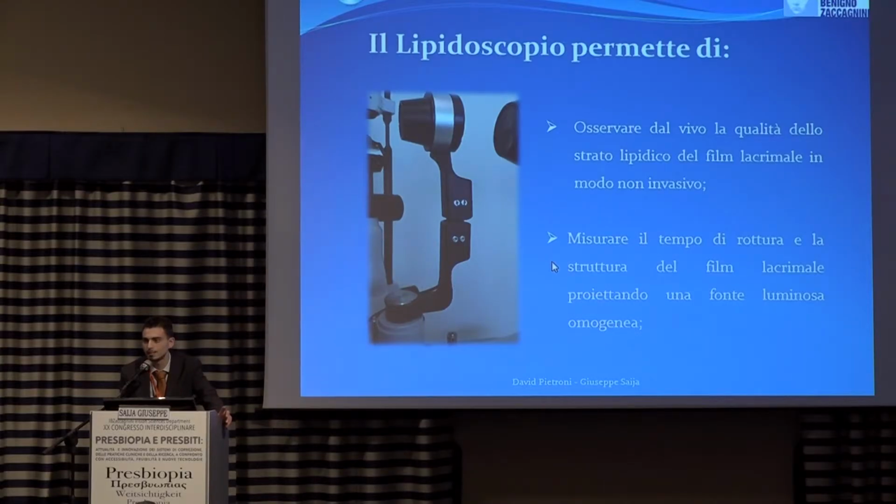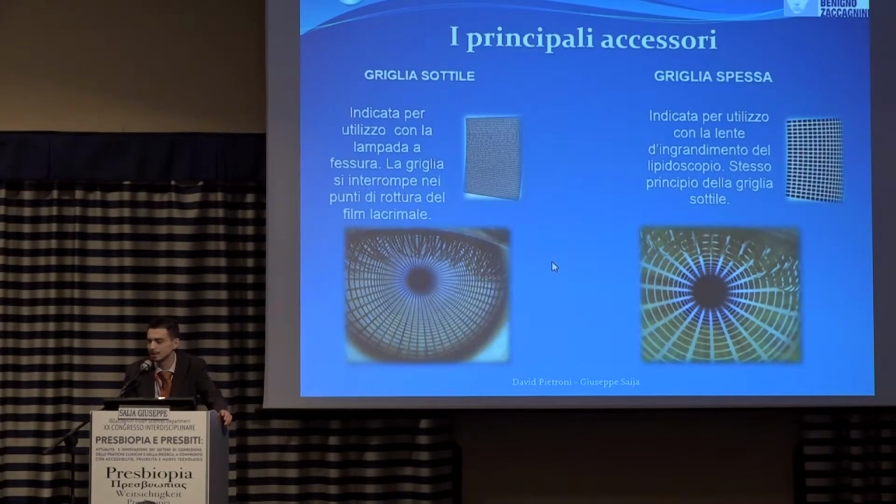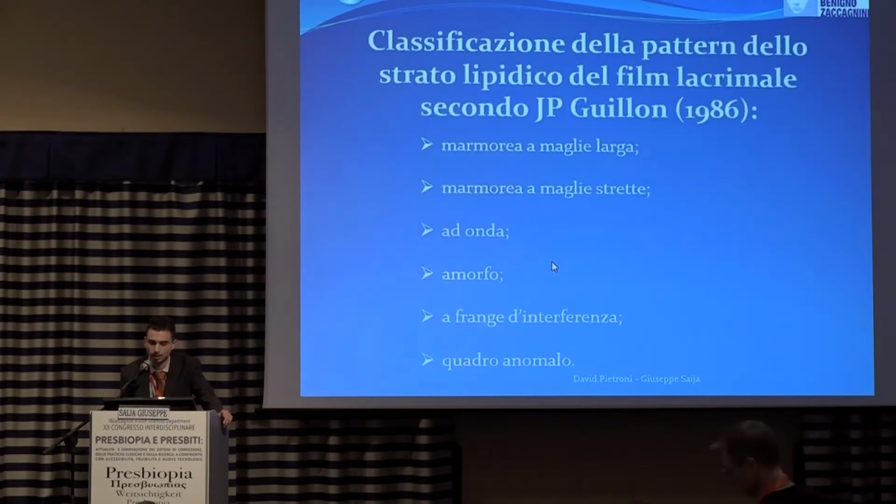We need the lipidoscope for this. It's a tool which allows us to assess not just the quality of the tear film, but also its structure and stability. There are also accessory grids which make it easy to observe the BUT and the NIBUT.